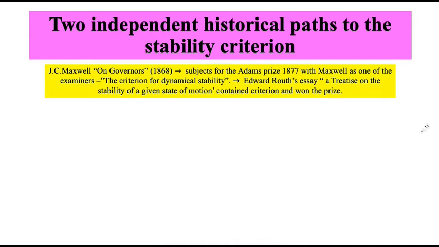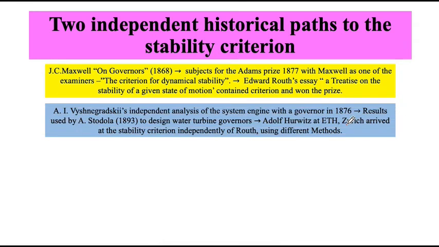And then later Edward Routh, in his essay called A Treatise on the Stability of a Given State of Motion, presented this condition which we learned just now as Routh's table. Parallelly, and not surprisingly, in Russia there were also people working in a similar area, and the result was again from a steam engine with governor.